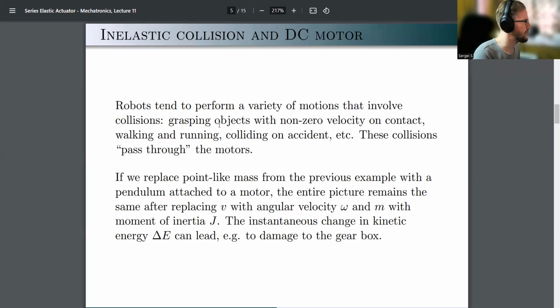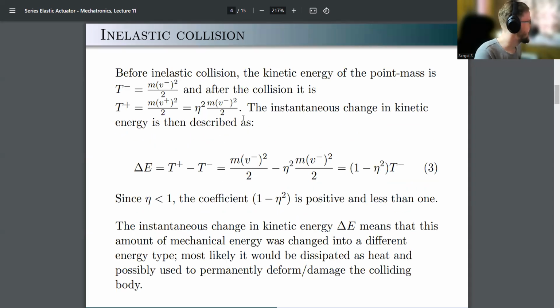Now let me go back to Ruslan's question. The question is, there was a mistake on the previous slide: T plus and T minus were swapped in the formula. T plus should be with eta squared. Let me see. So T plus minus T minus. Yeah, the sign is one, right? The minus, yes.